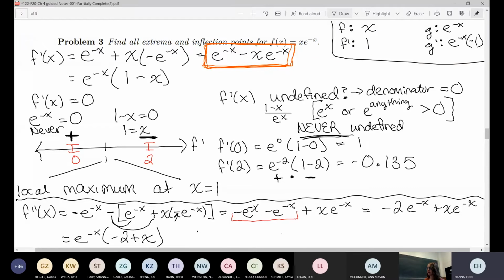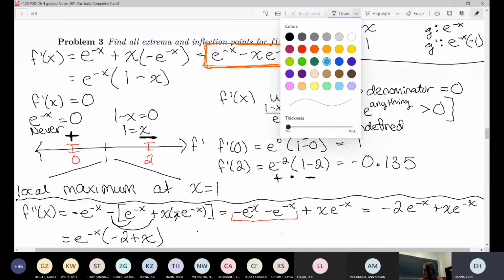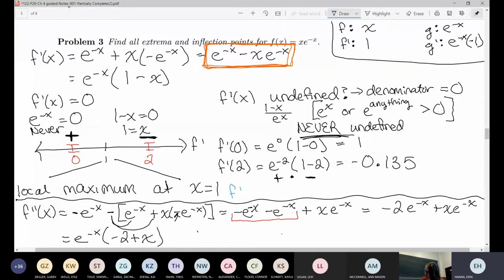At this point, if you wanted to use the second derivative test to find your extrema, you could totally do that. Let me just write that out super quick, in another color. If we were to use the second derivative test, we would be plugging in that critical point of 1 into the second derivative.